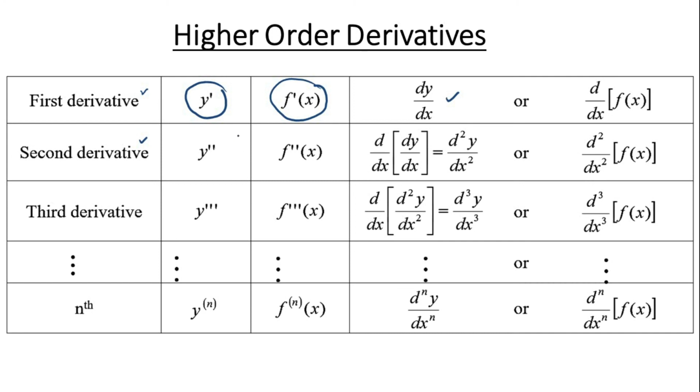So we can use the symbol of y double prime, or f double prime, or d squared y over dx squared. And then for the third derivative, basically you just have to differentiate your second derivative. So you can use the symbol of y triple prime, f triple prime, or d cubed y over dx cubed, and the list goes on.